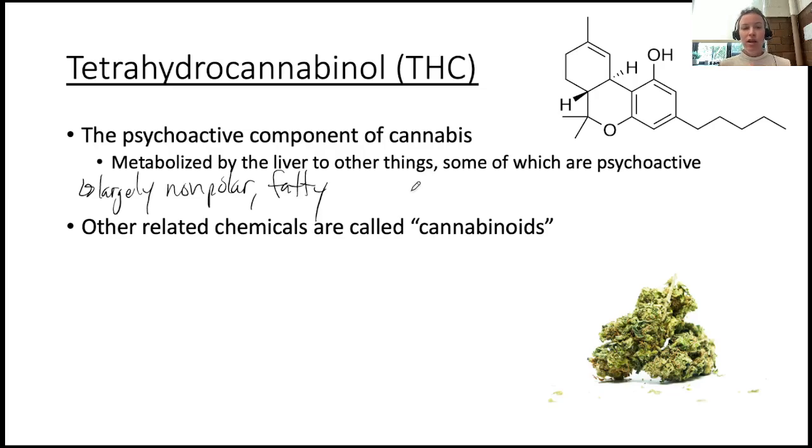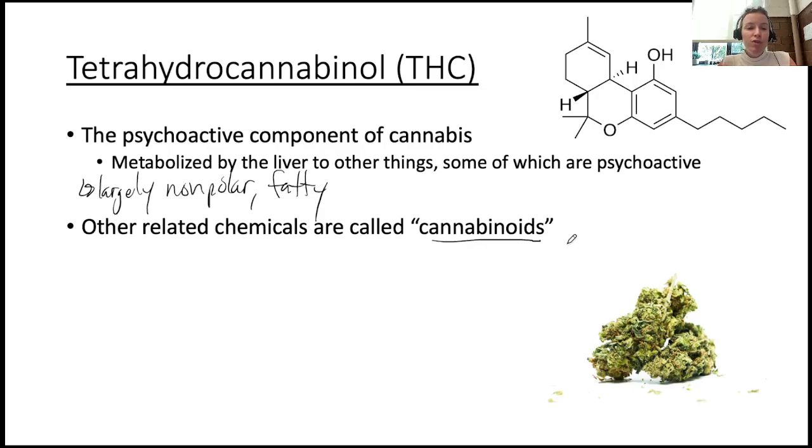And this changes THC to some things that are either easily excreted by the body, or some of the things are also psychoactive in your body. Other related chemicals to THC are called cannabinoids. So any molecule of a similar structure to THC would be called a cannabinoid.